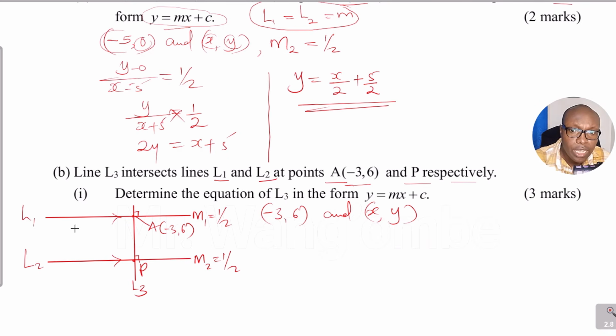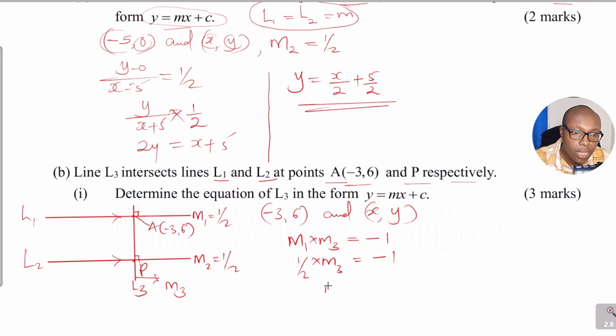So if I take the gradient of L1, which is M1, and multiply by the gradient of line 3, let me call it M3, the product should give me -1. So the gradient of line 1 is a half, multiplied by the gradient of line 3, which we don't know, should give -1 because the two lines are perpendicular.